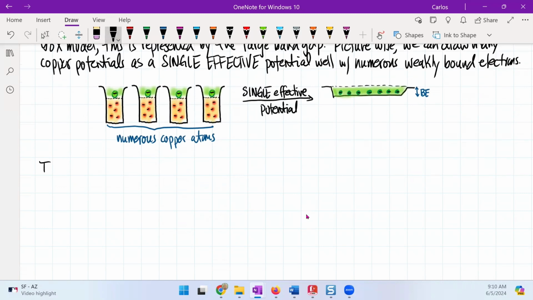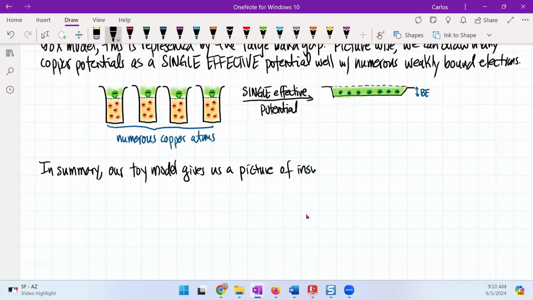So in summary, our toy model gives us a picture of insulators and conductors.